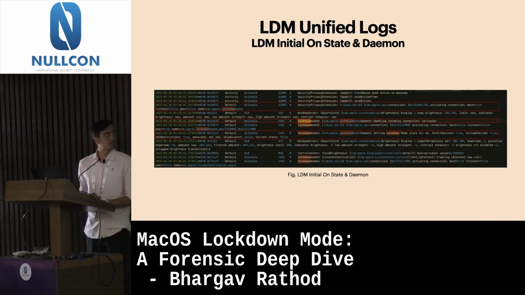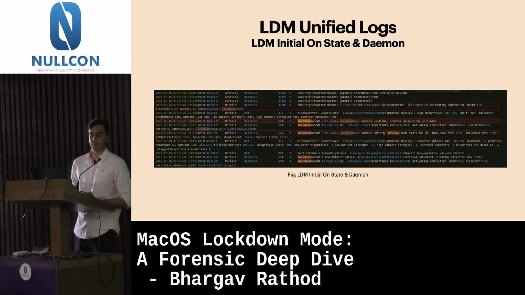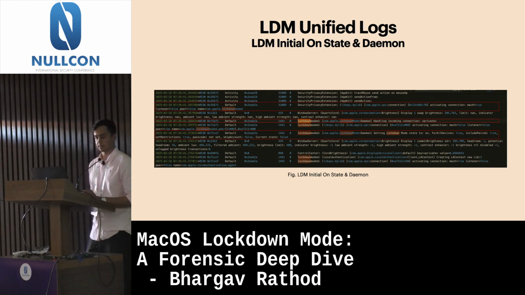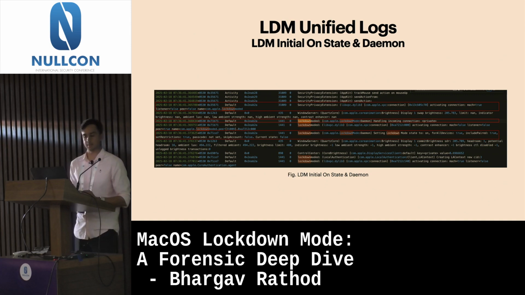The first indicator is that the lockdown mode has to be enabled. So in the logs, I'm not sure if you can actually see this. Maybe I cannot zoom it. So I'll just tell you what this is.